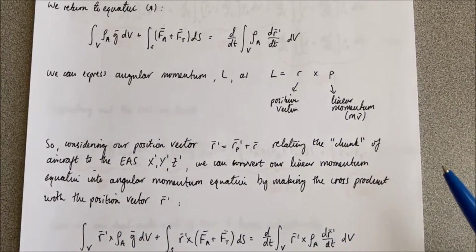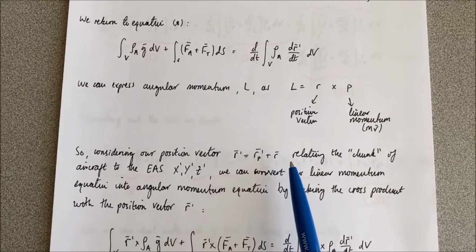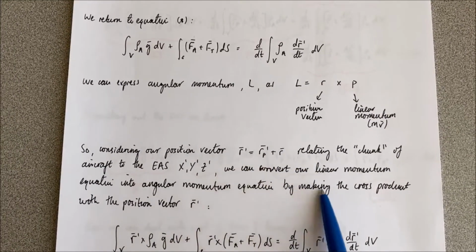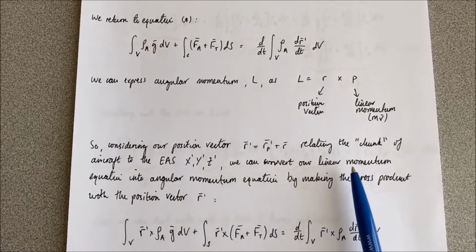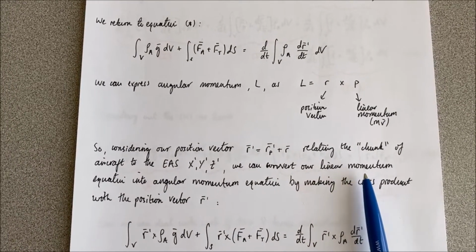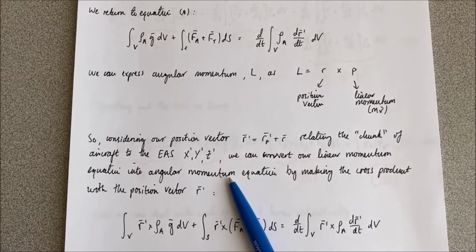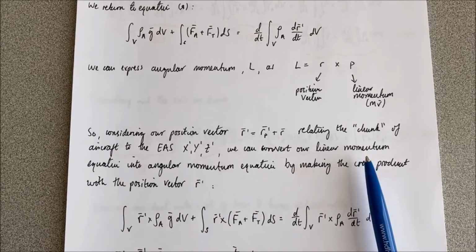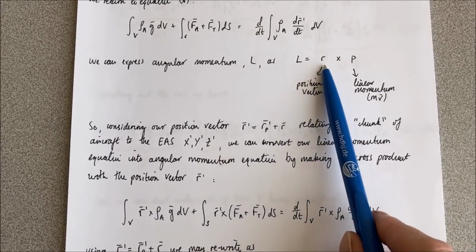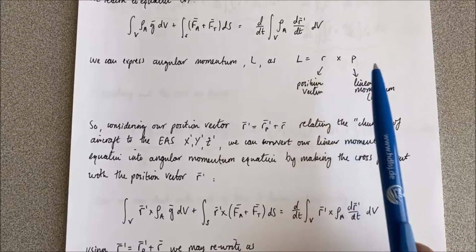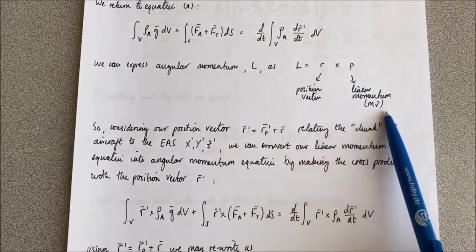So this vector is the sum of these two vectors, as we've just described, and therefore we can convert our equations for the conservation of linear momentum into the angular momentum equations by taking the cross product of r, which is our position vector, and the linear momentum, which we've just found, right?